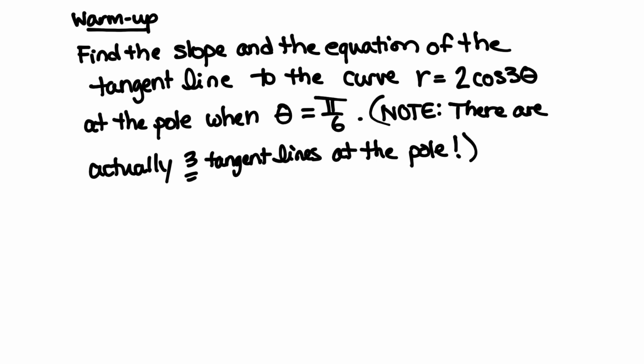So the angles where you're hitting your tangent lines are 0 to pi over 6. At theta equals pi over 6, r equals 2 cos 3 theta. I am checking to make sure r equals 0, which means the curve is passing through the pole at that point.